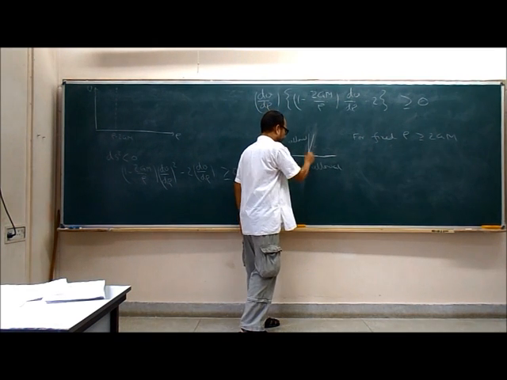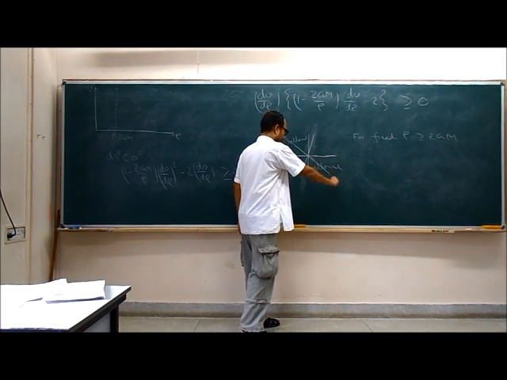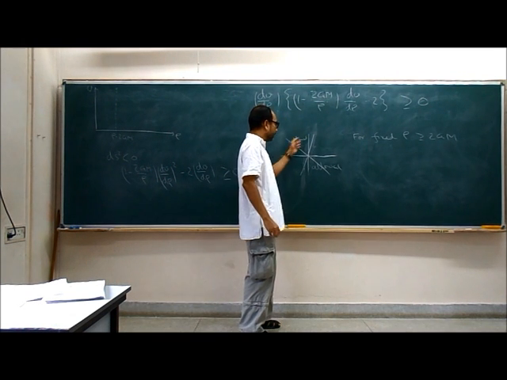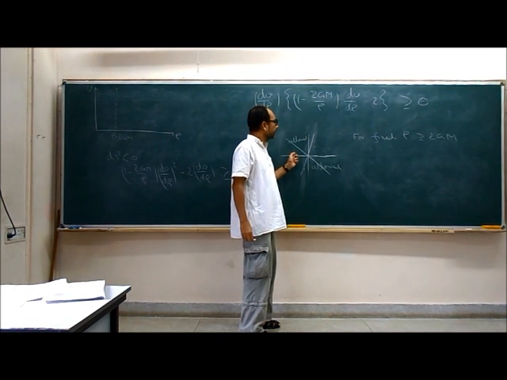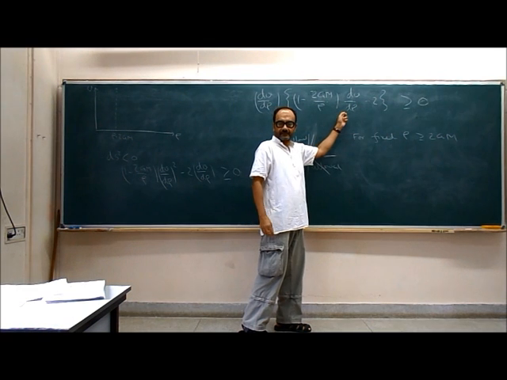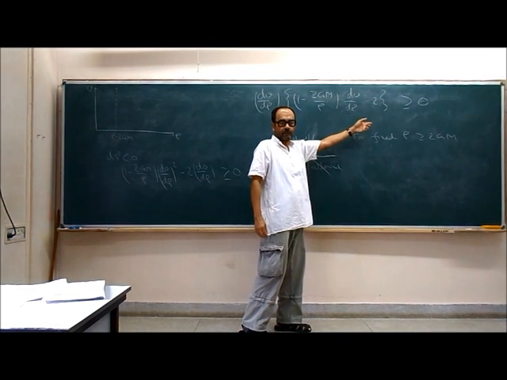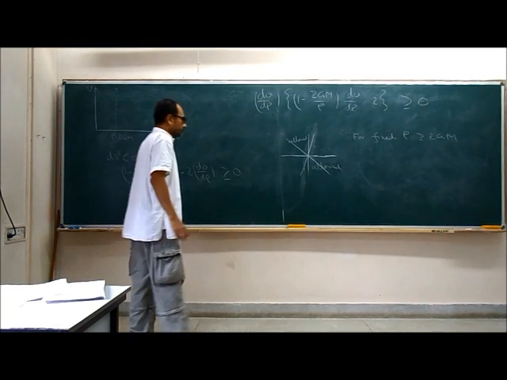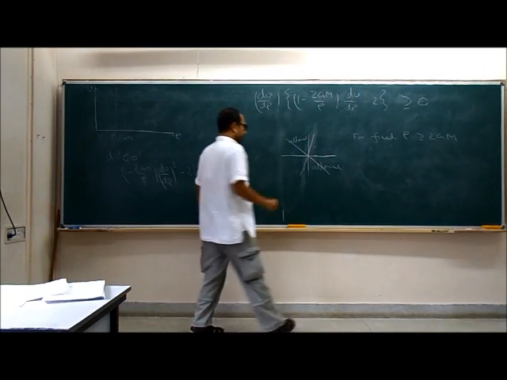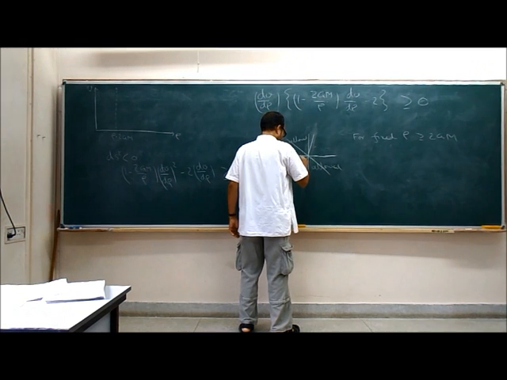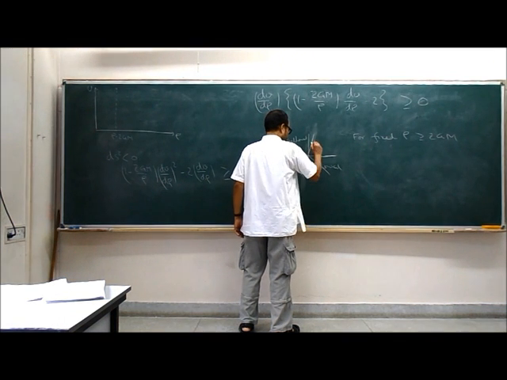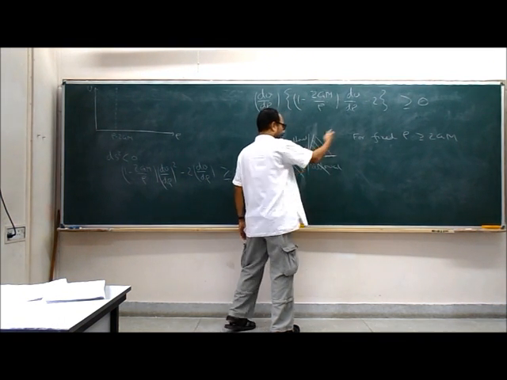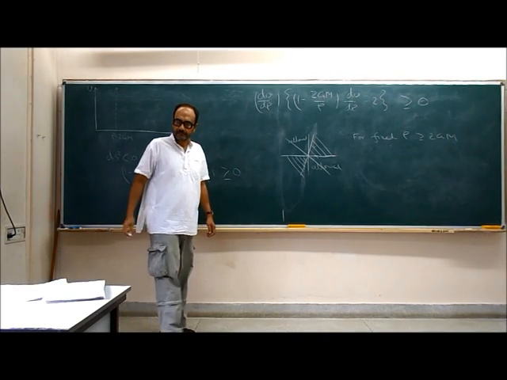So this is an allowed line, and this is also an allowed line, because there is no boundary between these. I'm not crossing it; it doesn't vanish. So if this was positive for this line, it will remain positive for this line. These regions are disallowed, which means no particle can travel along these trajectories.